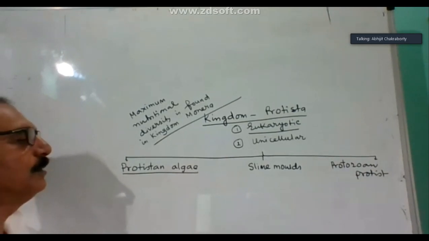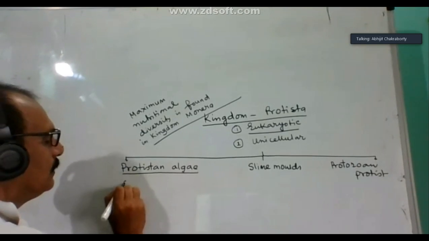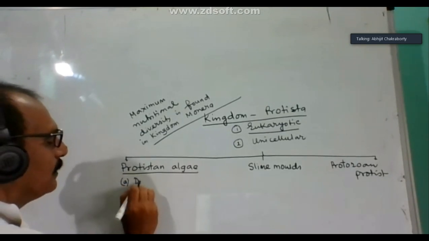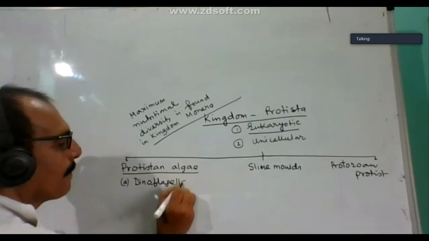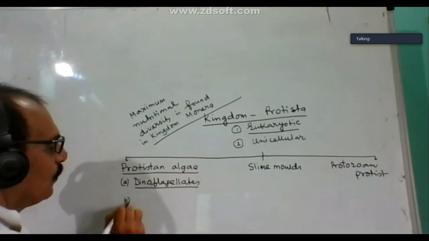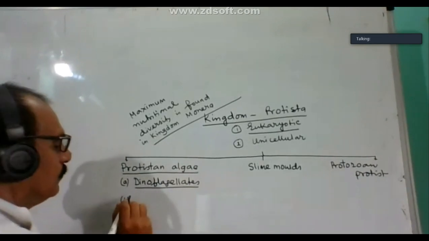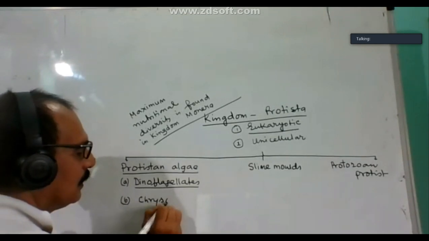In case of Protista algae, you see, we have one, dinoflagellate. Two, chrysophytes.